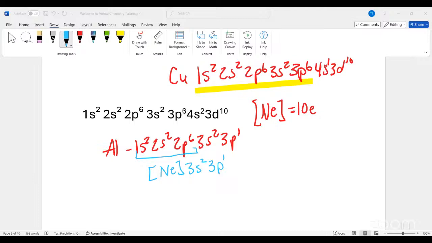Yes, the blue part. Yep, Ladybug, the blue part is the answer. Yes, the noble gas configuration. What is written in red is the long form. Short form is in blue. Yes, that's correct, Axel.